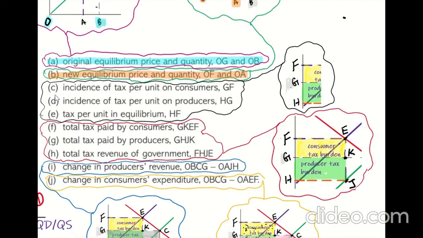Moving to question C. Incidence of tax per unit on consumers. Remember, when we talk about tax per unit, look into the changes in the price.